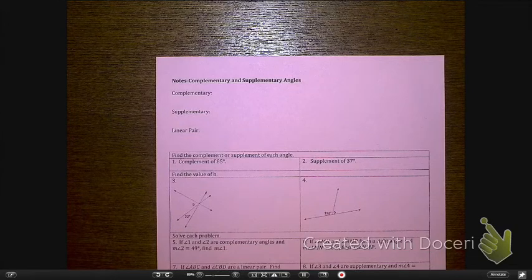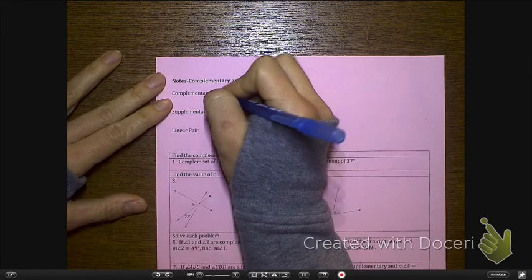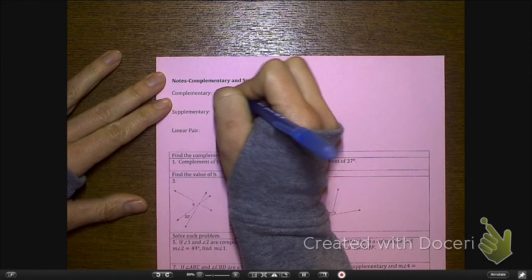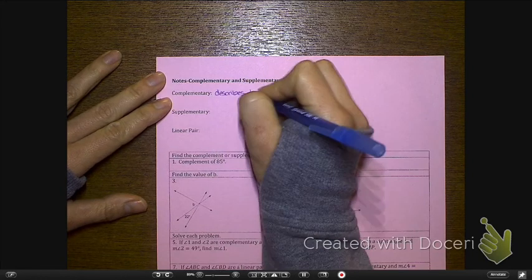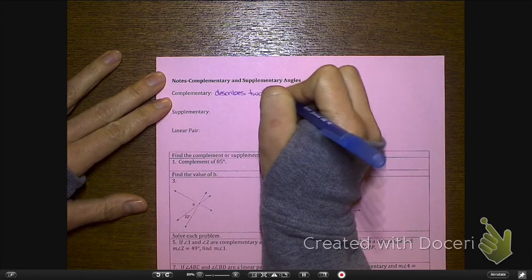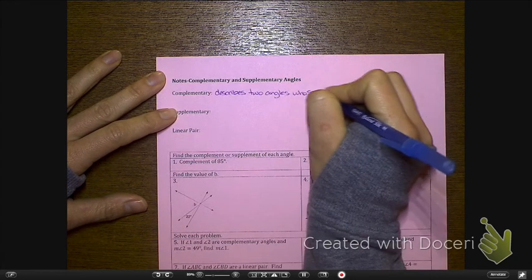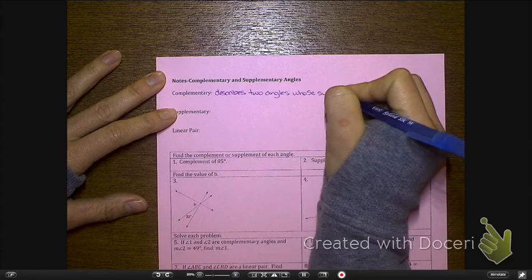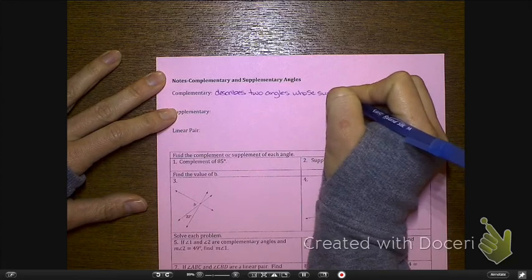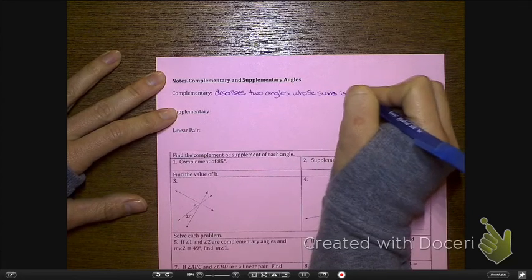Zoe, do you know anything about that? When two angles are complementary, their sum, when added together, is 90 degrees. Okay, good. That's perfect. So complementary describes two angles whose sum is equal to 90 degrees.